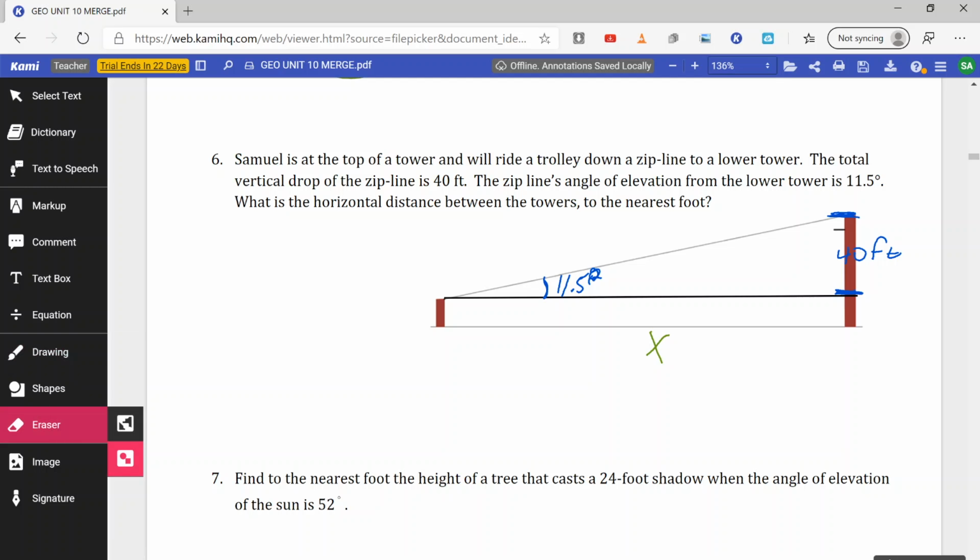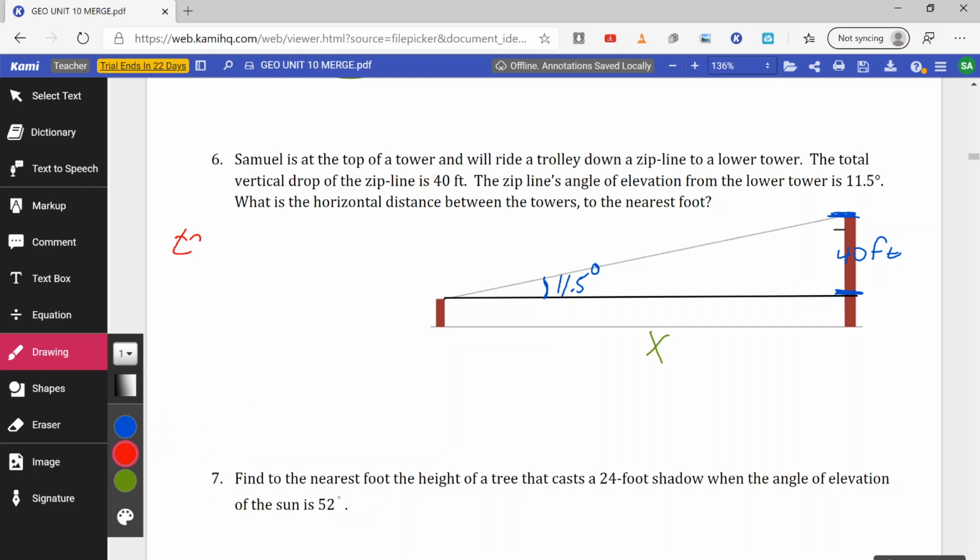What we need to do is figure out the value of X. So, again, we take a look at what we have. We have an angle, we have a side, and an unknown side. So, we can look at the relationship between our sides. 40 is across or opposite 11.5. X is our adjacent side. So opposite and adjacent means we're working with tangent. So tangent of our angle, 11.5, is equal to the opposite, 40, over our unknown, X.